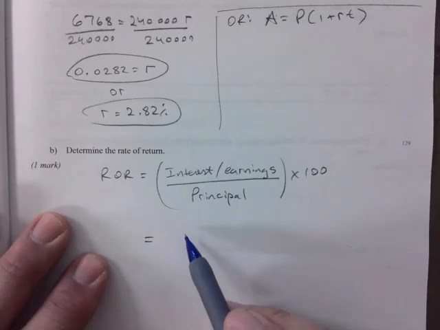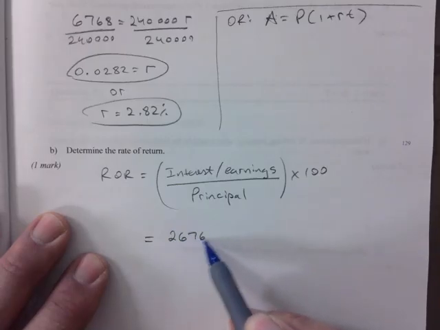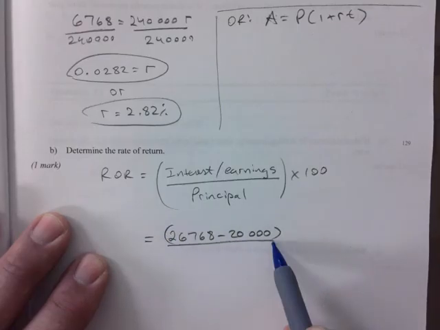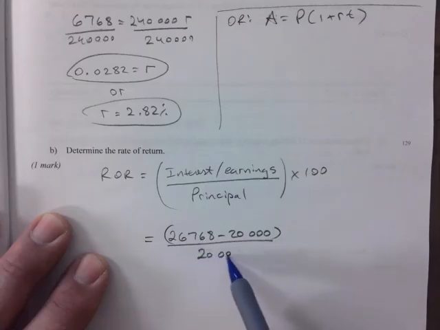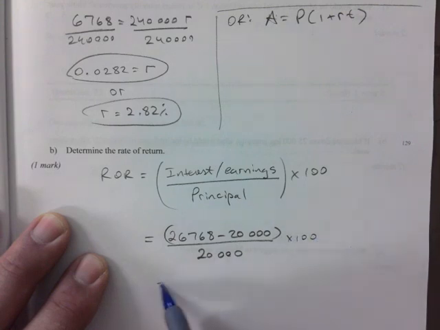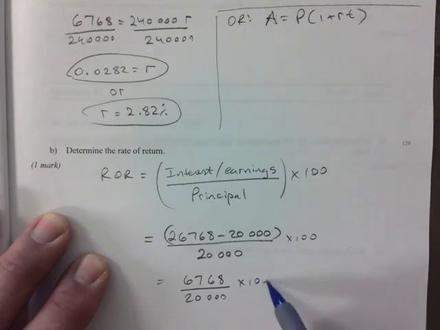We already know our interest, but I'll show you one more time here. Divided by the 20,000 you put in the first place, it gives you 6768 divided by 20,000 times 100.